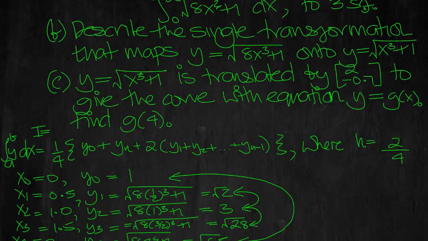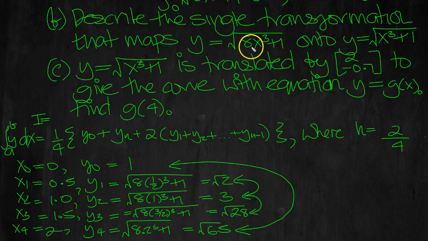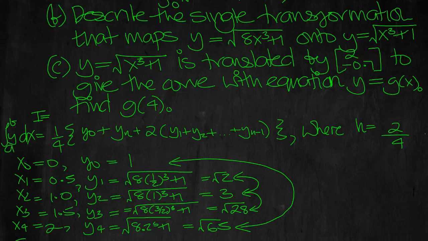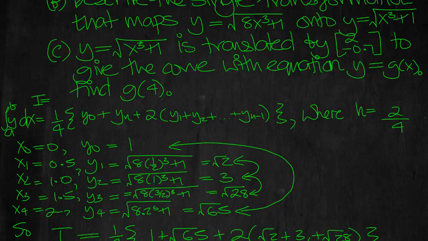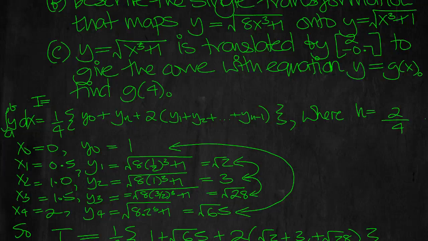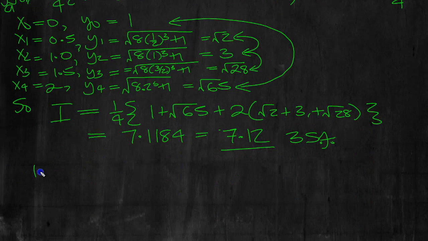Okay, good. So describe the single transformation that maps this onto this. So y is equal to the square root of 8x cubed, which is 2x cubed, plus 1.